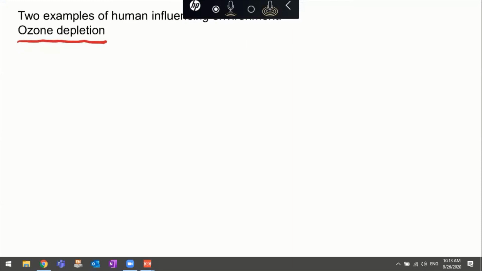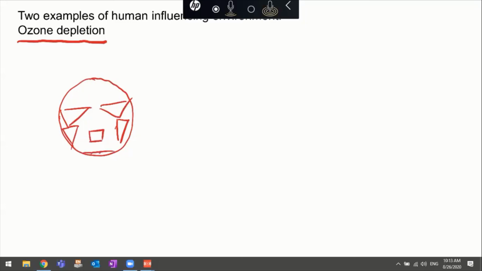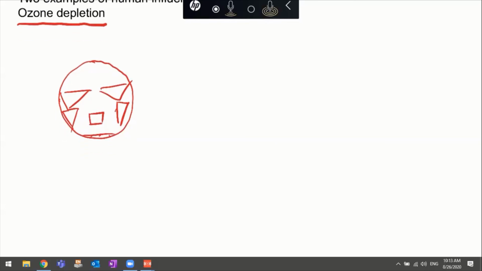So let's say if we draw a schematic of our Earth, we have the Americas, Asia, Europe, and then we have Africa, Australia, right? We have the Antarctica, okay? So this is our Earth, all right? So when we say ozone is an air pollutant, we're talking about a layer of air that's around 10 kilometers high.